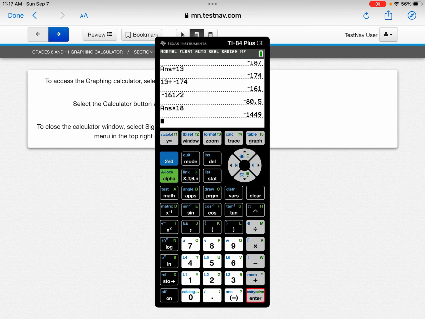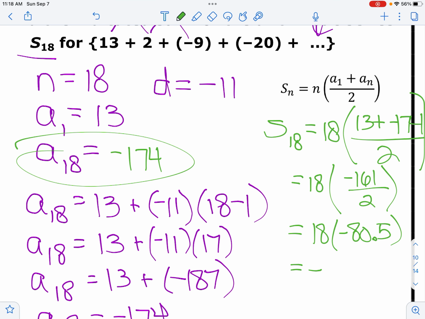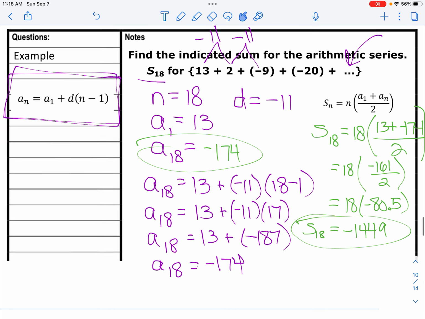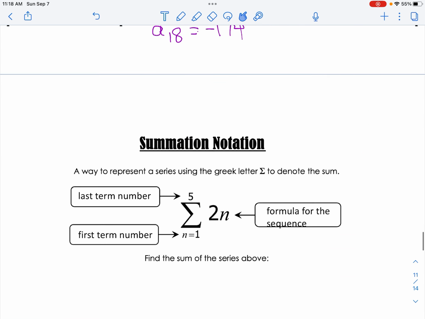Okay, we get negative 1,449. Okay, so that is the sum of the first 18 terms, would be negative 1,449. Okay, now a little bit of work, but very doable, just using the stuff that we've learned today.